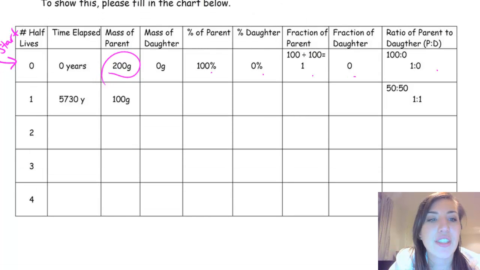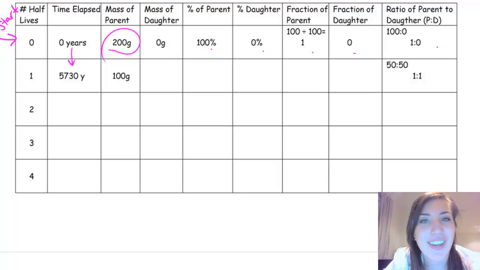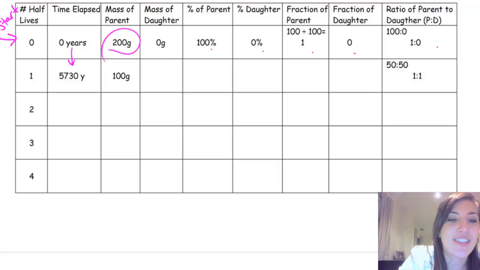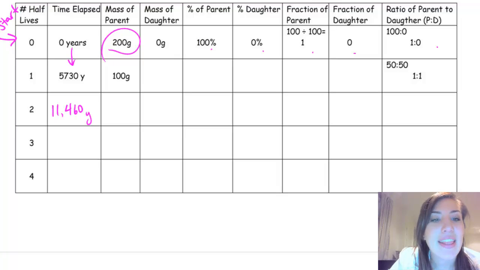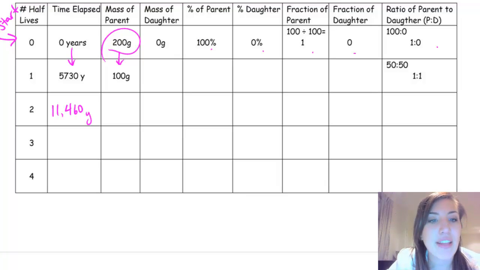After the first half-life, we have undergone 5,730 years because that's how long it takes, we are told, for one half-life. So if we add another 5,730 years, by the second half-life it'll be 11,460 years. And then from the start to the first half-life, we have changed our mass of the parent by half.